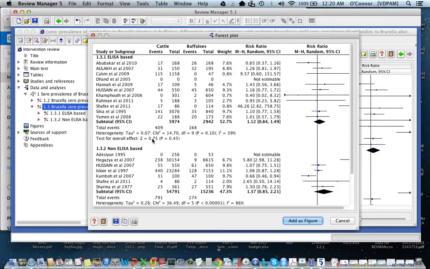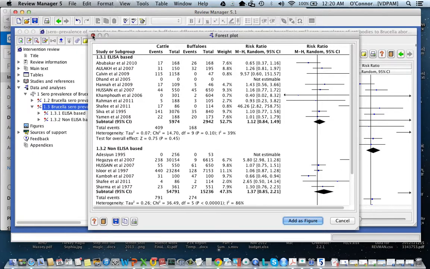So this is the Z, and the null hypothesis is that this total weighted average effect is equal to 1, the null. And the p-value is 0.545, which says there's no evidence to reject the null. So overall, when you take all these estimates, there is no difference in the prevalence ratio of cattle versus buffalo.